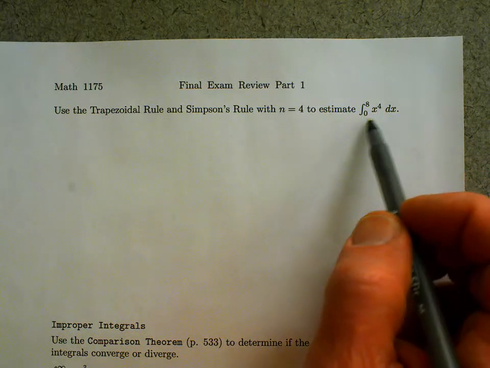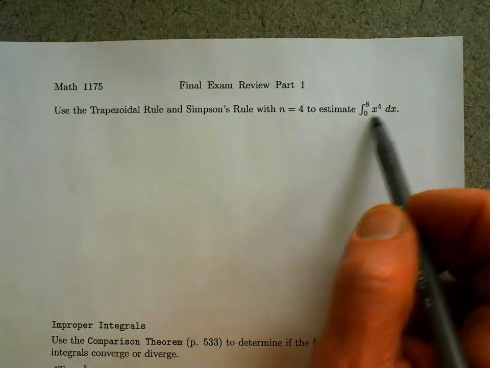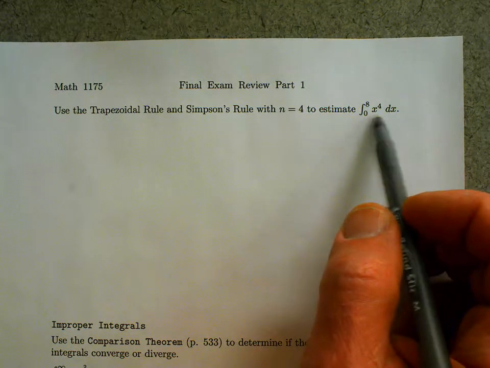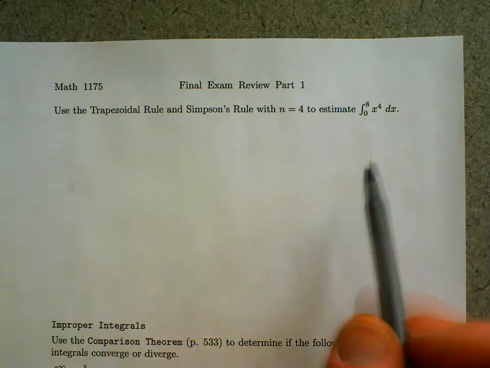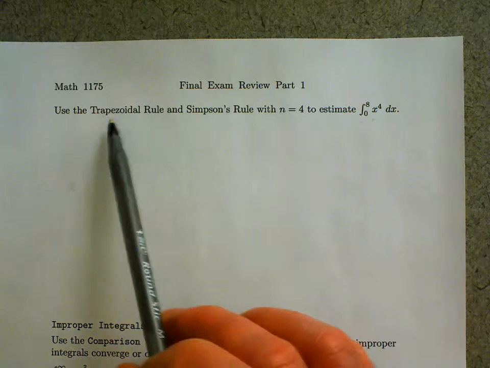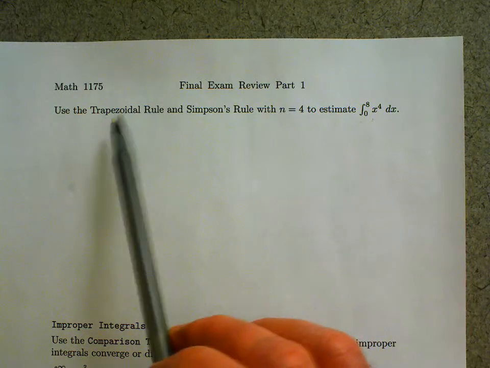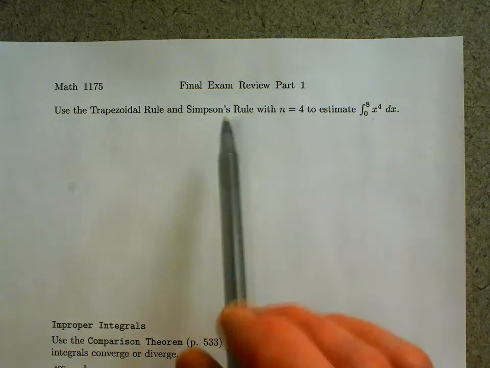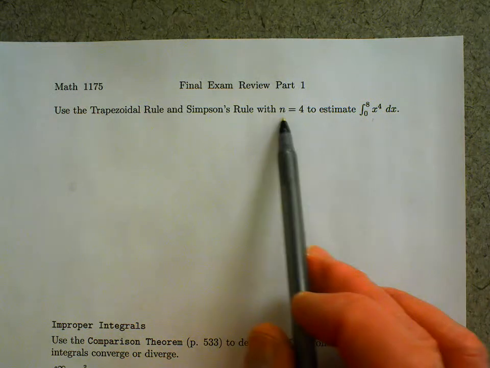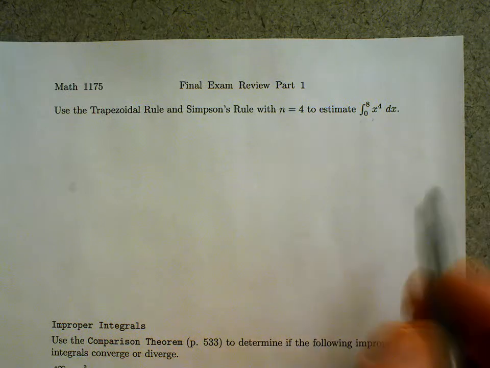It's pretty easy to evaluate this definite integral exactly, so that will give you an idea of how close the trapezoidal rule and Simpson's rule are in approximating it for a pretty small number, n equals 4.